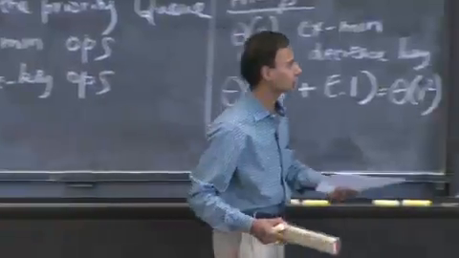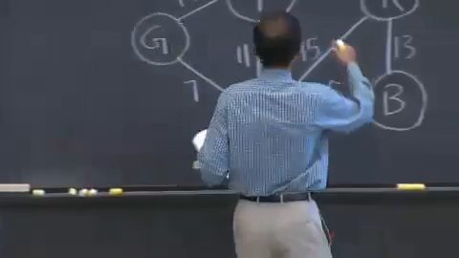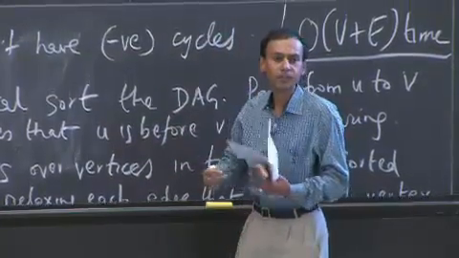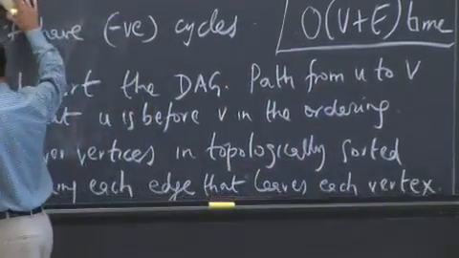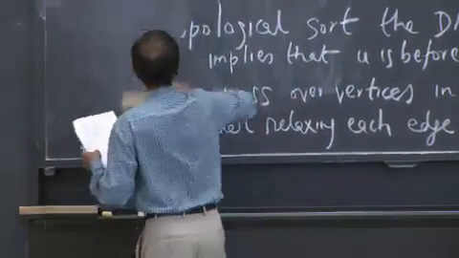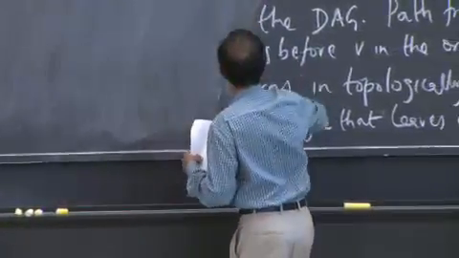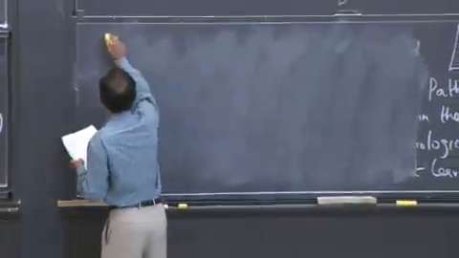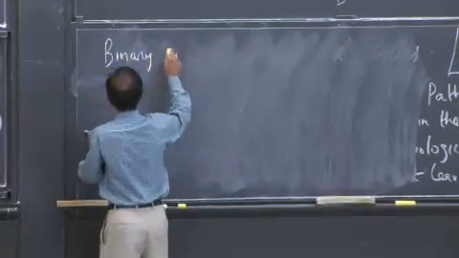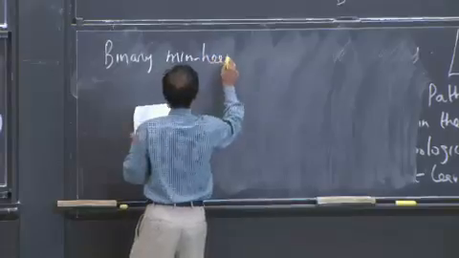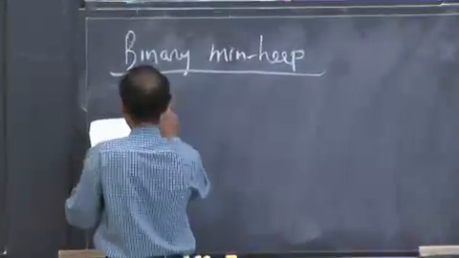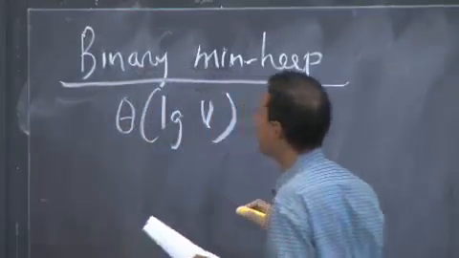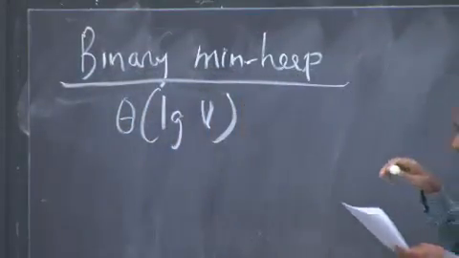But do we want to use an array structure? What data structure should we use? Yep. You could use a min heap. Exactly right. So if you use a binary min heap, then my extract min: finding the min is constant because you just pick it up from the top.